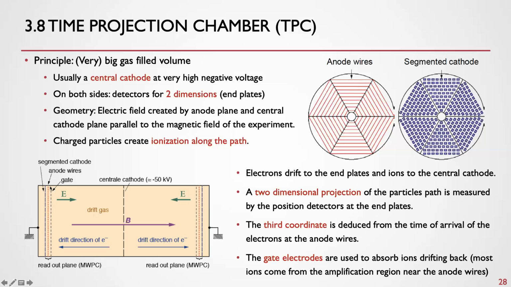So there are gates here that stop the ions and absorb them, and the gate potential needs to be timed to the collisions that happen somewhere in the center of this detector.